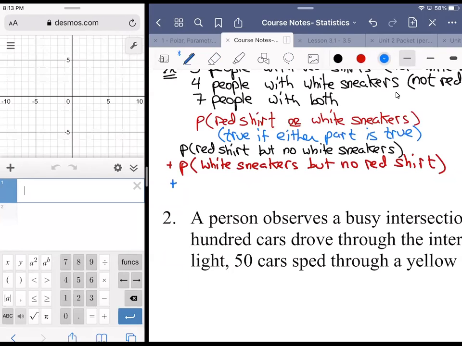And then plus the probability of getting red shirt and white sneakers. That's the overlap.